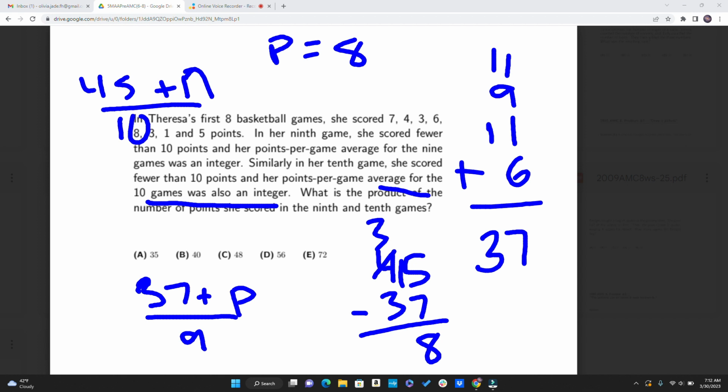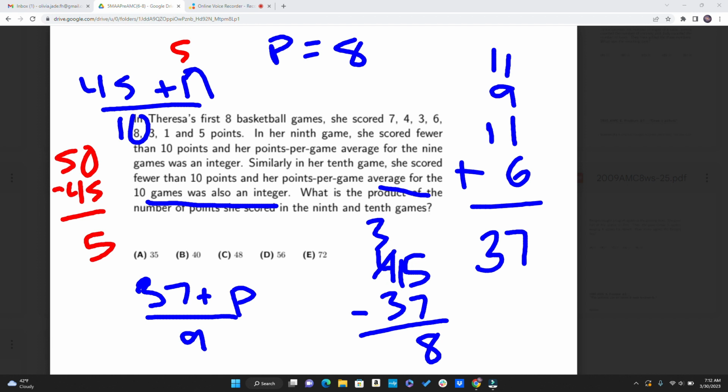Well, we know 5 times 10 is 50, so the next multiple of 10 after 45 is 50. So we do 50 minus 45. That is 5. So n is 5 points. 45 plus 5 is 50, divided by 10 is an integer.